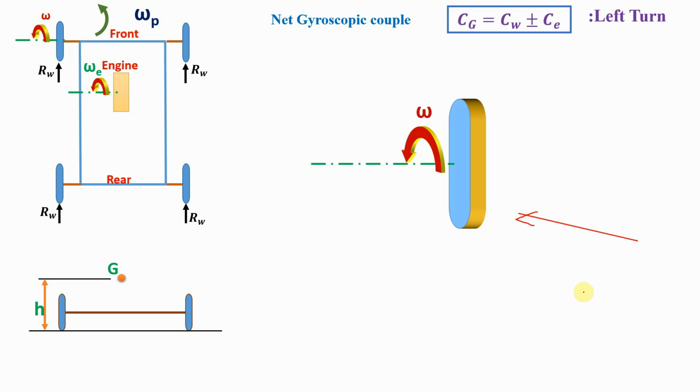When the vehicle is moving in forward direction, the wheels will spin in this sense. We call this spin angular velocity. Now we find out the spin vector using right hand rule. We curl the fingers of right hand in the sense of omega, and the thumb will point in the direction of spin vector. So this is our spin vector.